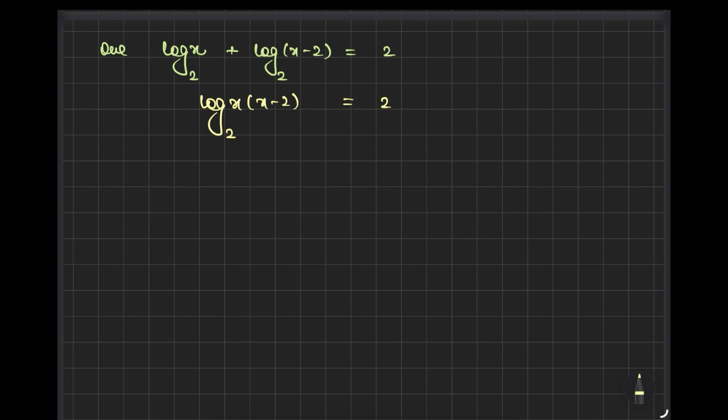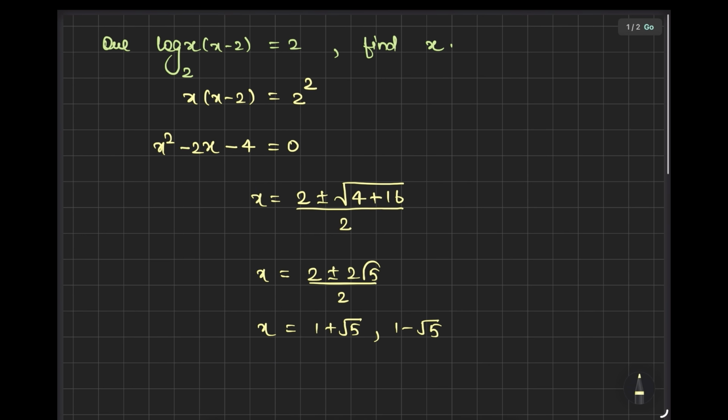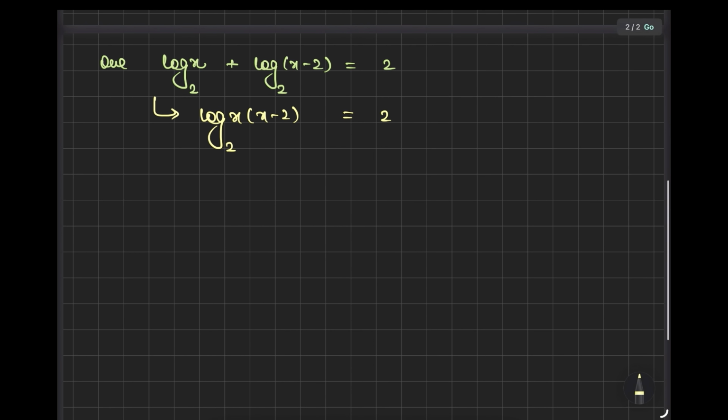Okay, now if you observe, don't you think we have already solved this question? So both look alike. So you know that we will do certain manipulations, and finally we will be writing 1 plus root 5 and 1 minus root 5, correct?